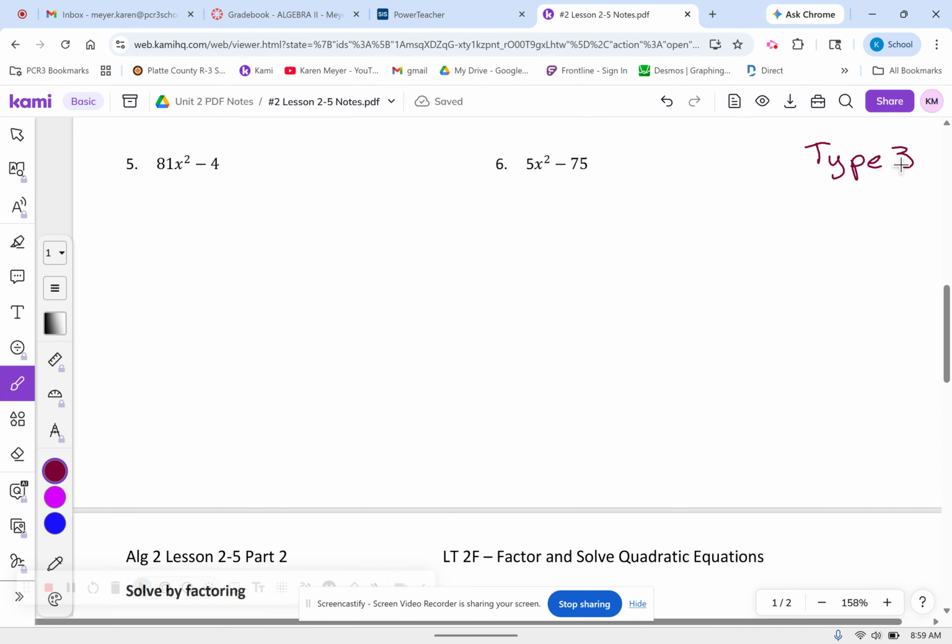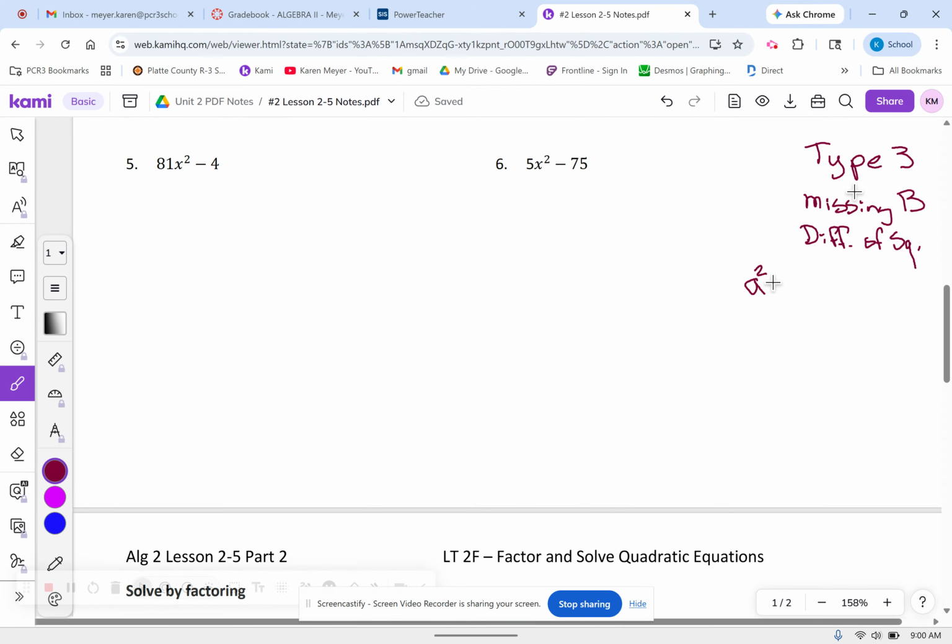And type 3, you're going to notice, is where you are missing the b term. And this is what we call the difference of squares, which I'm going to abbreviate. So difference of squares. And difference of squares has a lovely little formula.